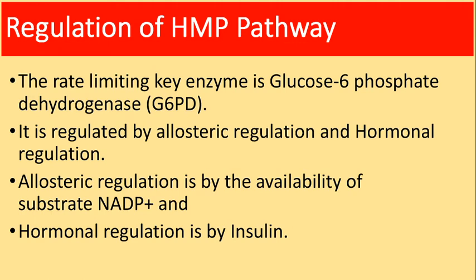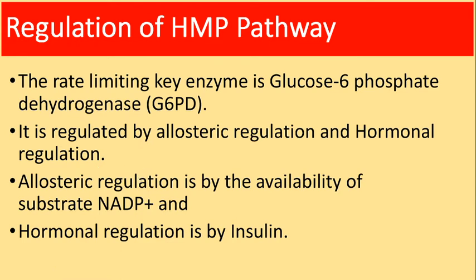Regulation of HMP pathway. The rate limiting enzyme or the key enzyme of this HMP pathway is glucose 6-phosphate dehydrogenase. So this glucose 6-phosphate dehydrogenase is a regulatory enzyme for this HMP pathway. It is regulated both by allosteric regulation as well as by hormonal regulation.